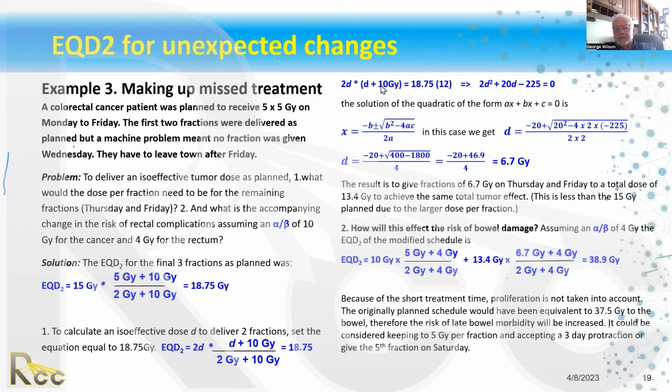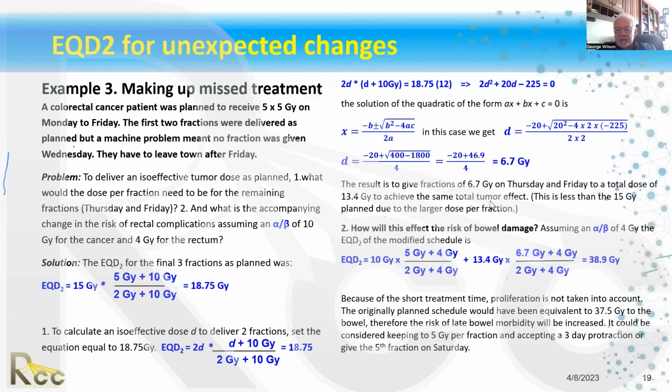Again, some mathematics here. This would be our equation that we need to solve. Again, it would come back down to a linear quadratic, and we would solve the linear quadratic. And by solving that, we eventually end up, those final 2 fractions would have to be 6.7 gray per fraction to deliver that same equivalent dose in 2 gray in 2 fractions.